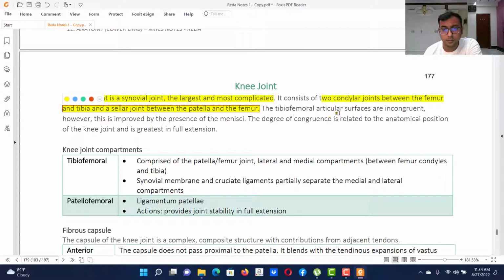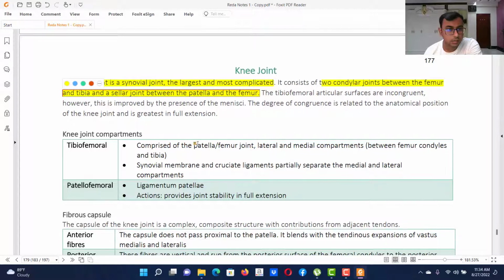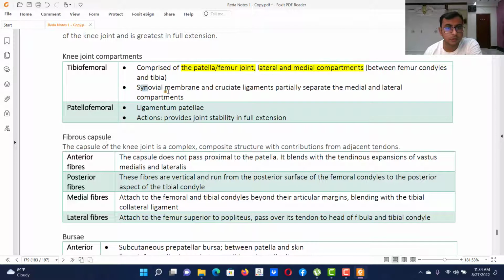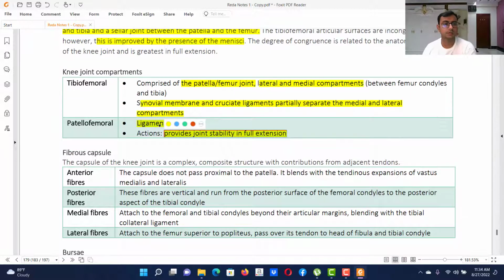The tibiofemoral articular surfaces are incongruent, so there are menisci. The tibiofemoral joint is composed of lateral and medial compartments, and the cruciate ligaments partially separate the medial and lateral compartments. The patellar ligament provides joint stability in full extension.